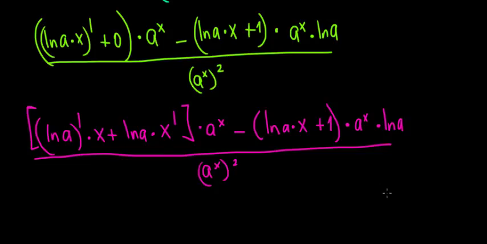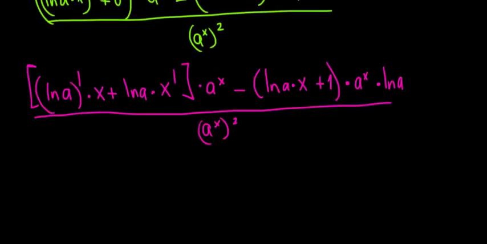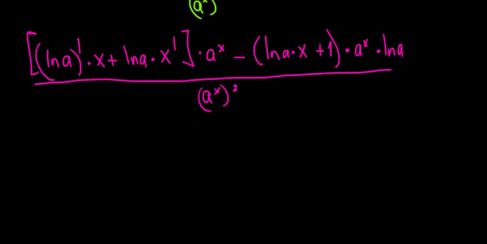Alright, let's keep going. What is ln of a derivative times x? Well, ln of a is a constant. A constant derivative is 0. 0 times x is just 0, so this will be 0. And here we have ln of a times x derivative. That's just ln of a times 1.